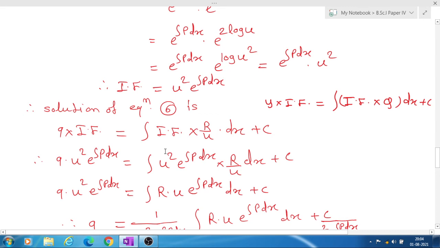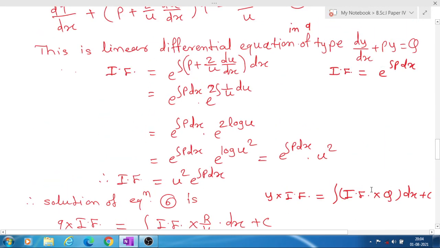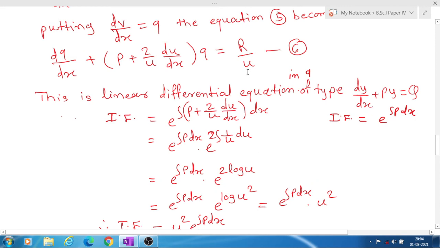Now here in our equation, instead of y there is q, therefore our formula becomes q into integrating factor is equal to integration of integrating factor into, instead of q in our equation, whatever is written on the right hand side.